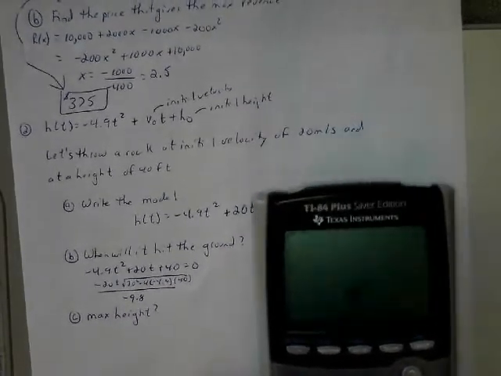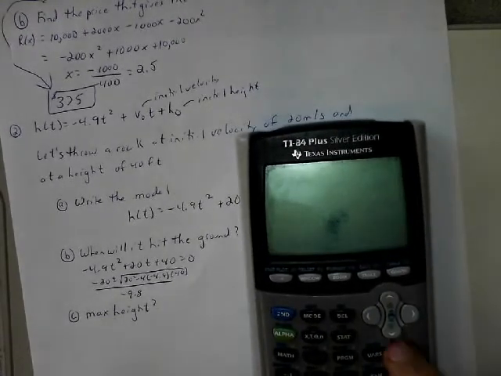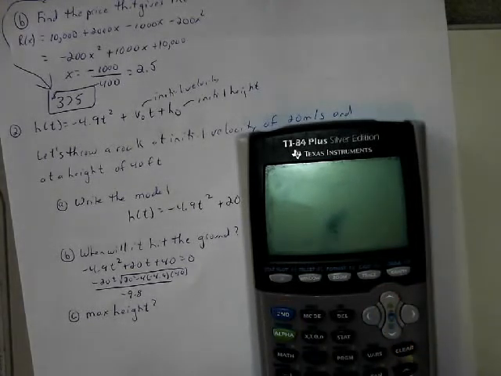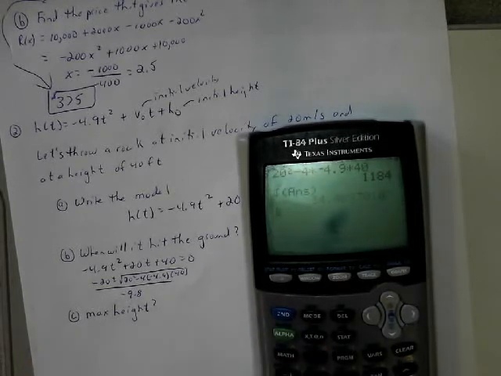So when I plug this in, sorry for my calculator not being the best, better. So 20 squared minus 4 times negative 4.9 times 40. This will give me the discriminant of 1,184. I'm going to square root that to get 34.4.